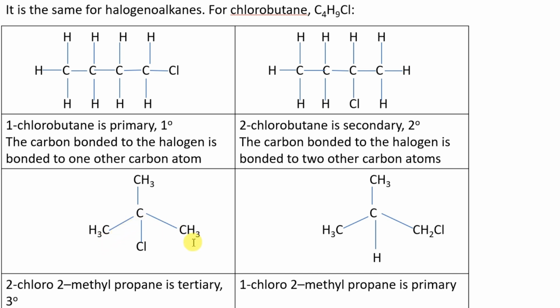Let's go to 3. 2-chloro-2-methylpropane is tertiary, represented by 3, with the degree sign if you like. And I could have 1-chloro-2-methylpropane. Easy to miss that one. But if I go with my straight chain of 3, include the methyl group as I must, I could have the Cl in 2 places.